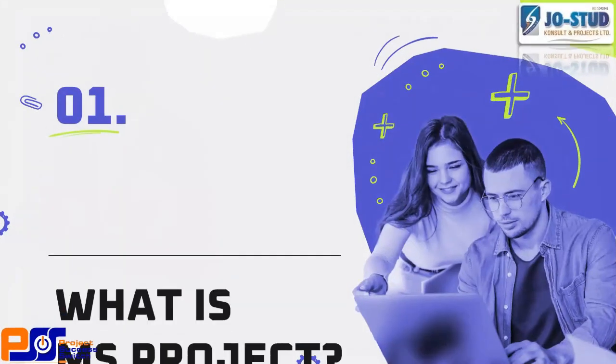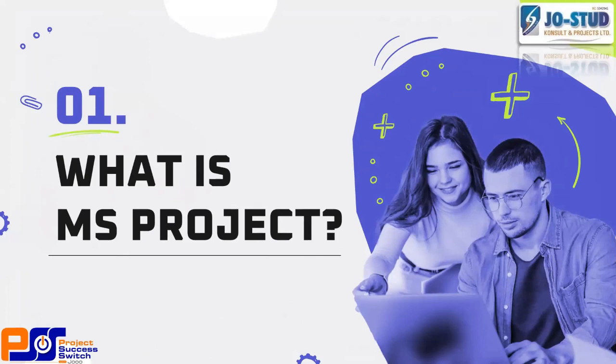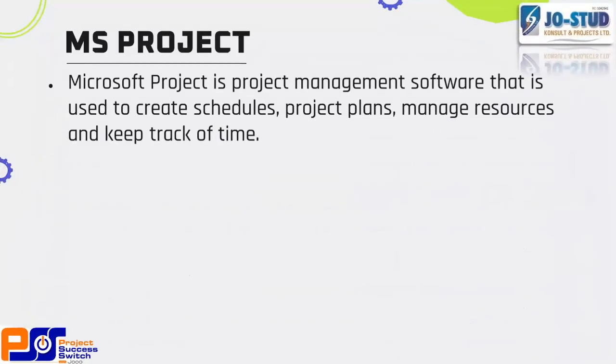So let's run quickly. Number one, what is MS Project? I am going to run over these definitions because I want to pitch my camp in the place I call definition of terms and the introduction to MS Project. So MS Project, because some of us already know it, I won't waste too much time here, is a project management software that is used to create schedules, project plans.